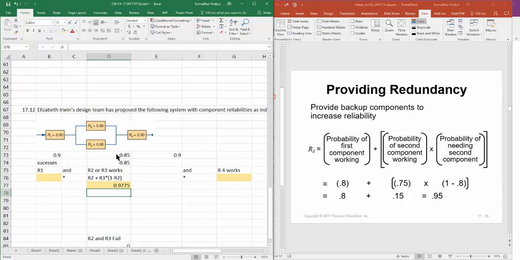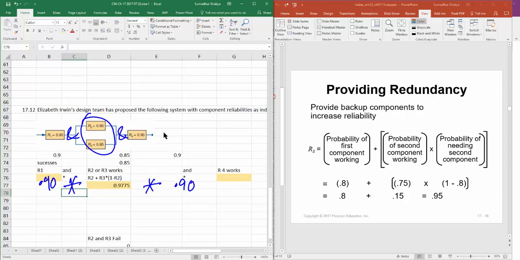Therefore, the combined probability would be 0.90 times 0.9775 times 0.90, because this and this and this have to work for the system to work.